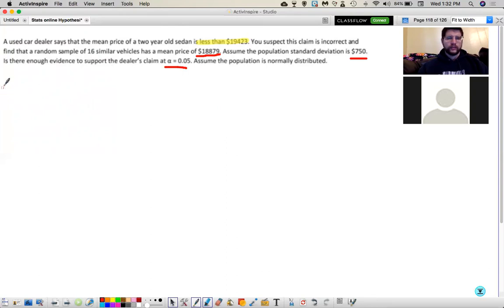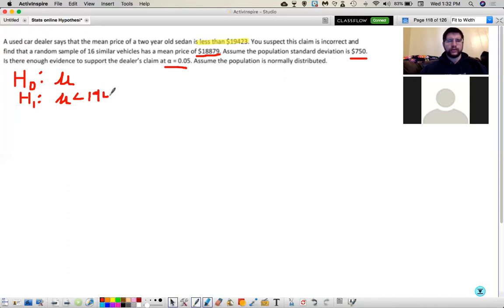So write down your hypotheses. The mean is less than $19,423, so that's going to go in the alternative again. The null would be greater than or equal to $19,423.